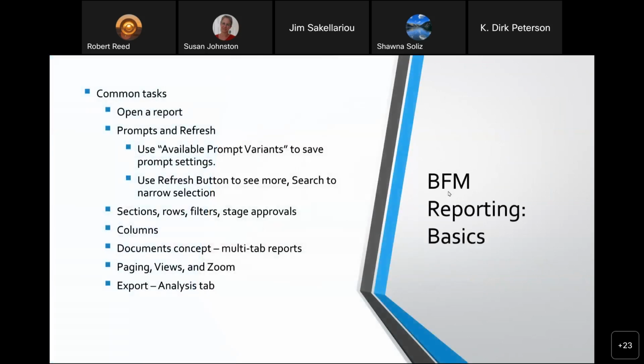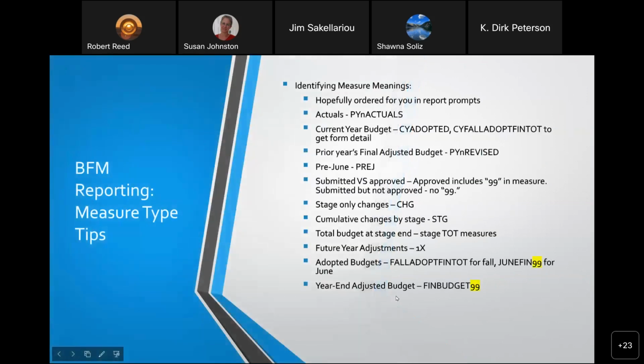Also, now that we're past June, it's important to know that the June fin 99 is the final word on what got approved in June. Stage only changes have a CHG. Cumulative stages by change have a STG. Total budgets at stage N have a TOT. Future year adjustments, we did mention that. Those have the 1X. So that's been mentioned a few times now.